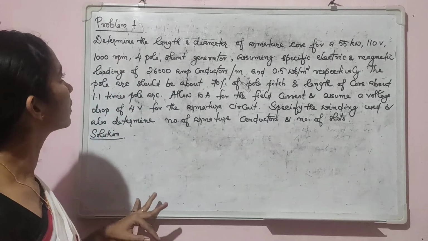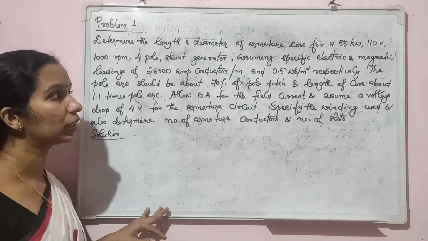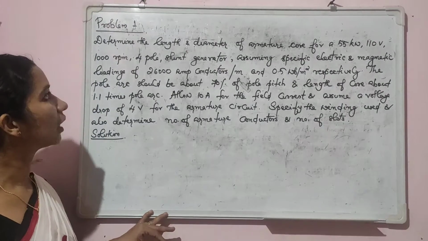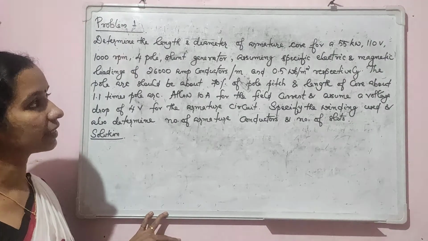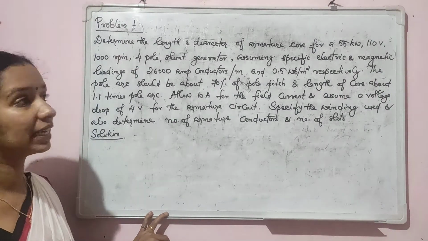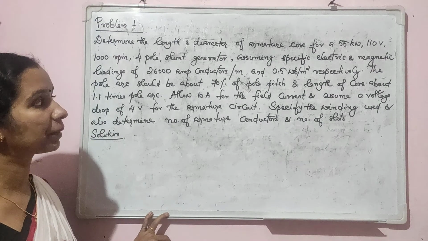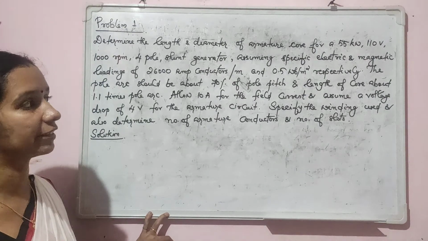So the question is, determine the length and diameter of armature core for a 55 kilowatt, 110 volt, 1000 rpm, 4-pole shunt generator, assuming specific electric and magnetic loadings of 26,000 ampere conductors per meter and 0.5 Weber per meter square respectively.